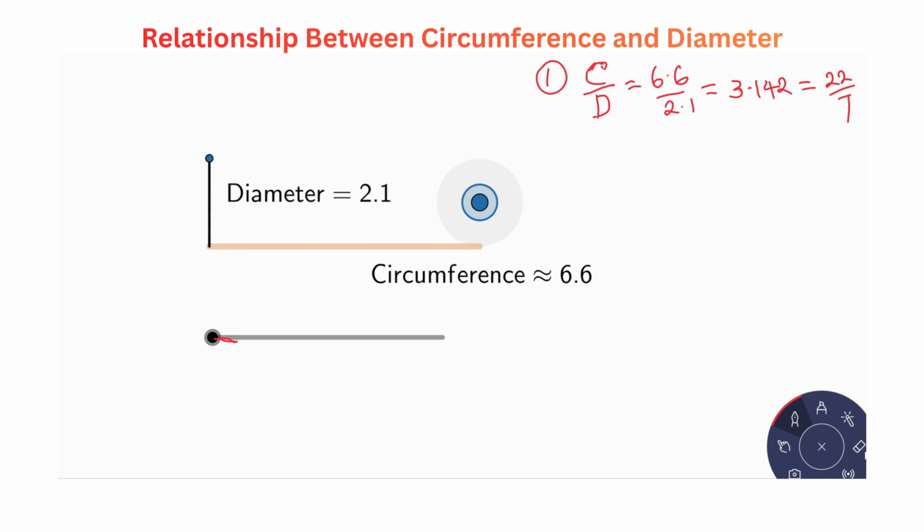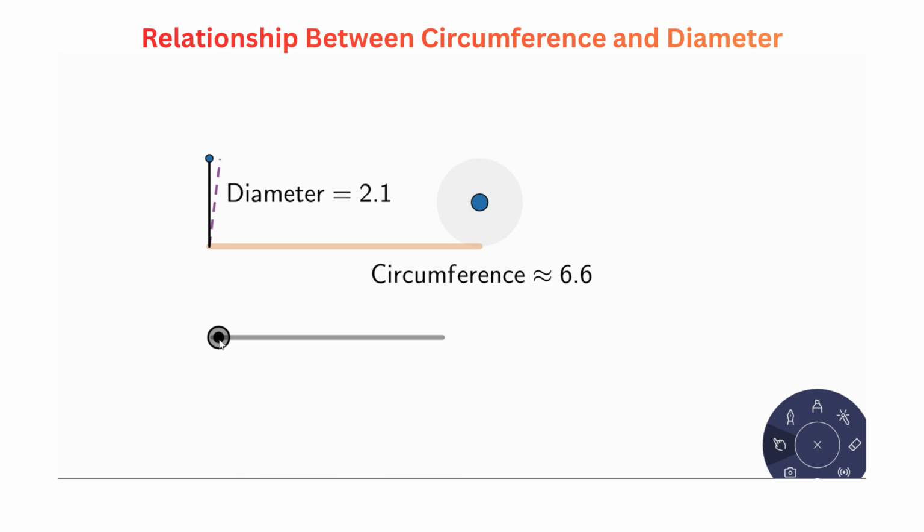Let me rub that one to show it well. I use my hand. Now, that's the diameter falling into the circumference. That's the first one. And that's the diameter making the second one.